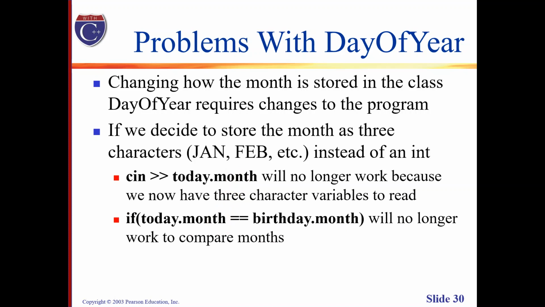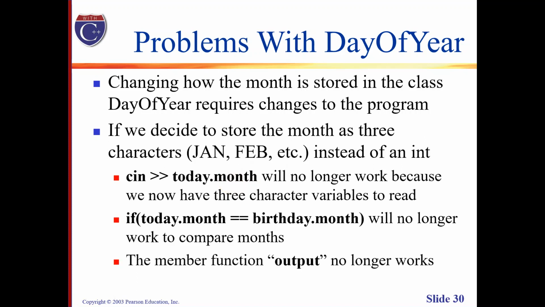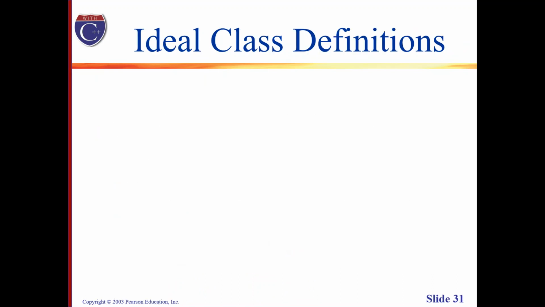And another one, this if statement will no longer work because of the changes to the input that was provided for this member variable. Also, the member function that we created will no longer work. In this case, the function output will no longer work, which means we need to change our class definitions.